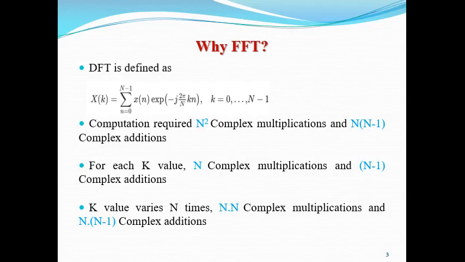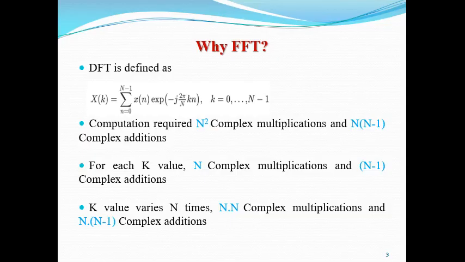Generally, discrete Fourier transform is defined as x of k equal to summation n equal to 0 to n minus 1 x of n exponential of minus j 2 pi kn by n, for k equal to 0 up to n minus 1.